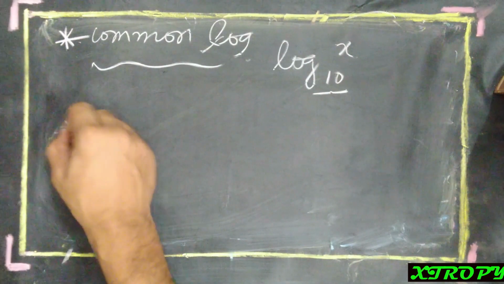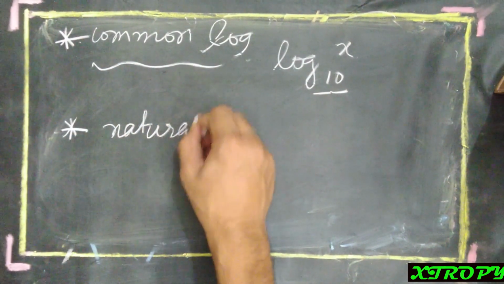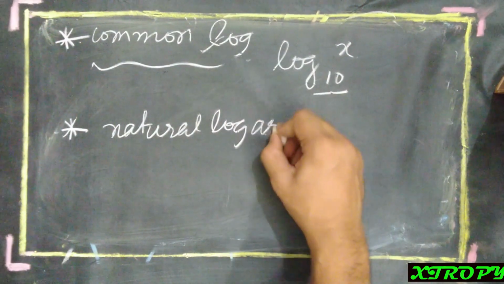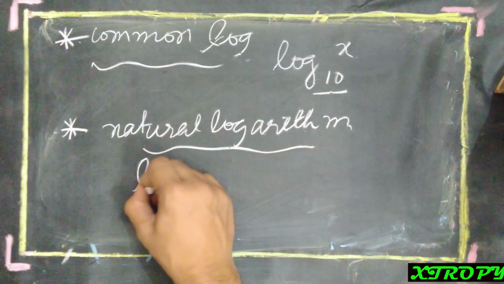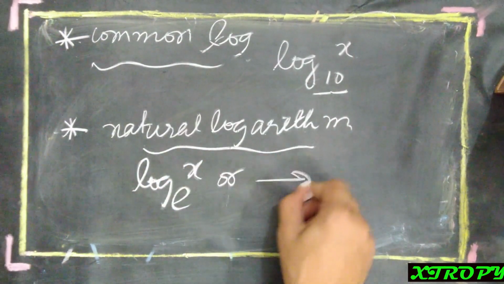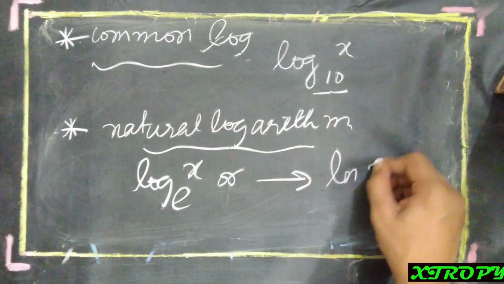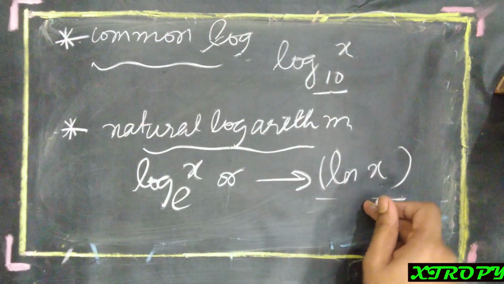And the other one is the natural logarithm. What is the natural logarithm? It's actually log x base e, or this is written by convention as ln x. If you are told ln x, it is predefined that the base of the log is e.